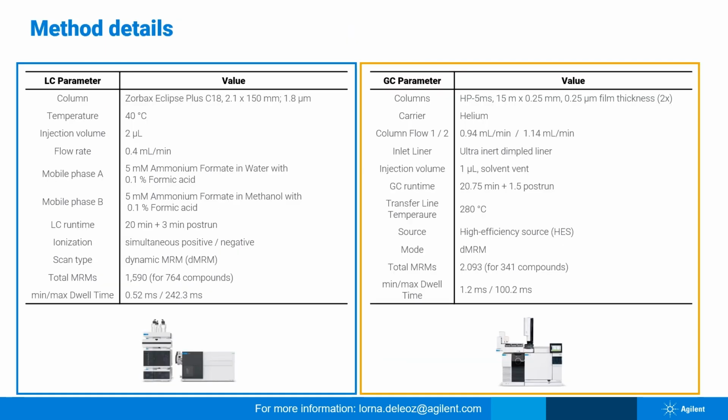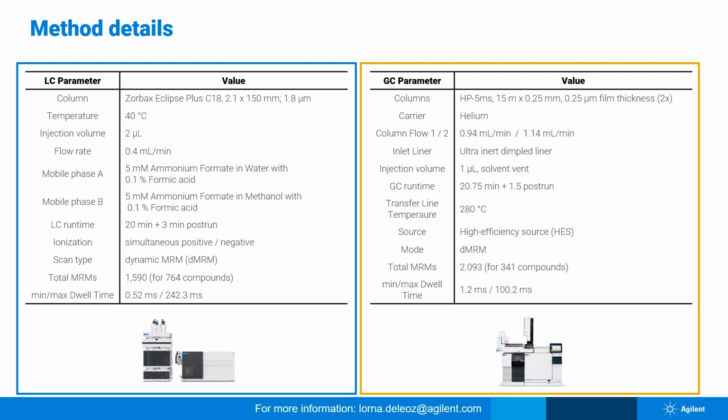Here's an overview of the LC and GC method parameters. For LC, we used a Zorbax C18 column with 2 microliter injection volume and a 0.4 mL per minute flow rate. Positive and negative modes were run simultaneously, meaning we used the positive-negative switching in our LC method to run the method in a single run.